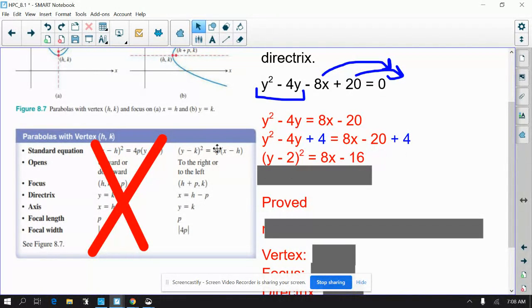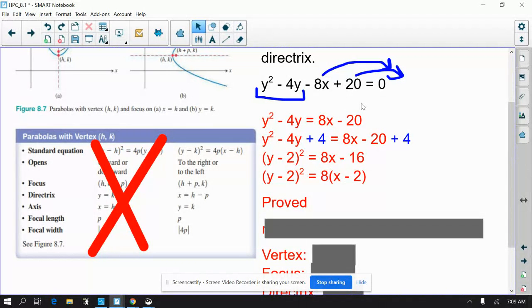So you see how it's shaping up to look like this, I hope. We know that k is 2, for sure. But this 8x minus 16 does not look like this. What could I do? Factor out an 8. And we've got it. This looks exactly like this. I know that k is 2, h is 2, and 8 is 4 times p. So that's all we need to do.